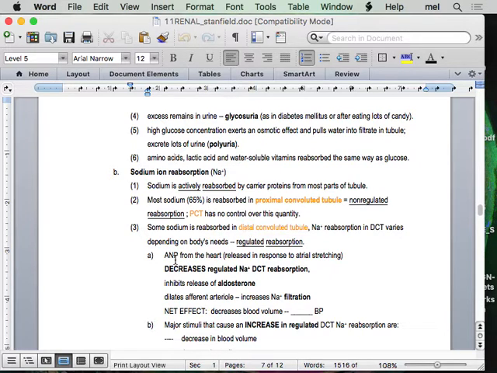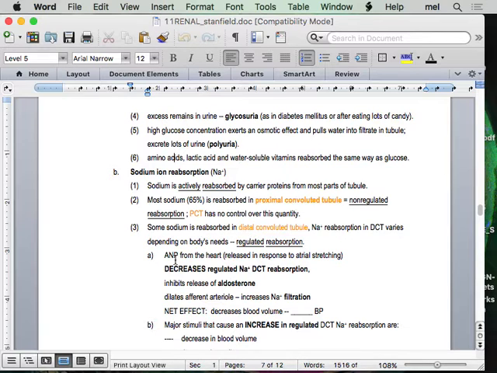You are always going to do 65% reabsorption at the PCT. They call it non-regulated, but they used to call it obligatory reabsorption. Do you know the word obligatory? It means that you have to do something, right? So you pushed it out and you're always going to bring 65% of it back into the house, and you have no control over that. Okay, that's PCT, non-regulated reabsorption.